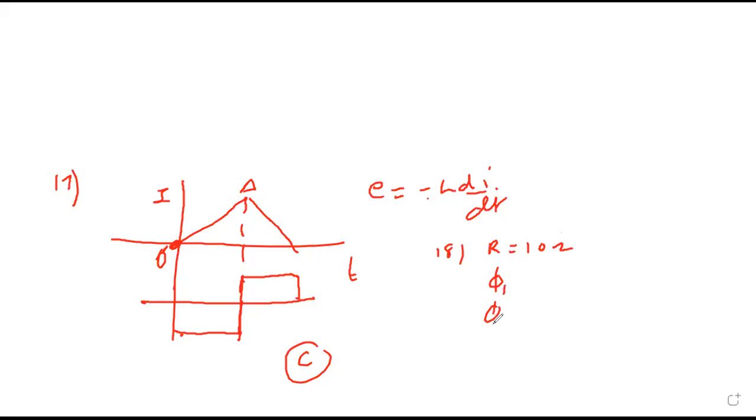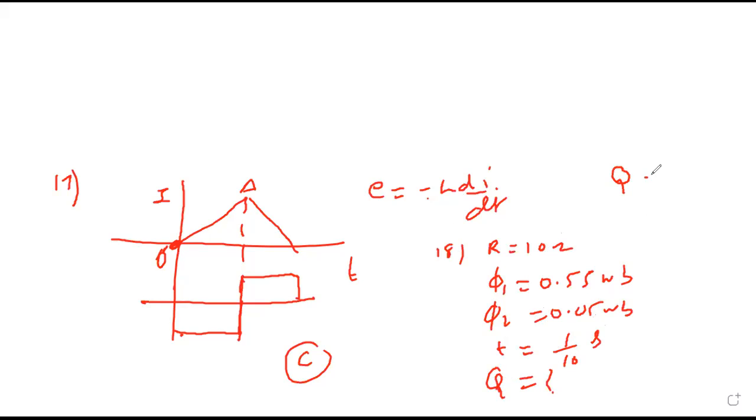So flux phi 1, flux phi 2 is 0.55 Weber, 0.05 Weber in time 1/10 of second. What is charge induced? Anybody knows formula for charge induced? Ananya, do you know formula of charge induced? Ashlesha, do you know the formula of charge induced?